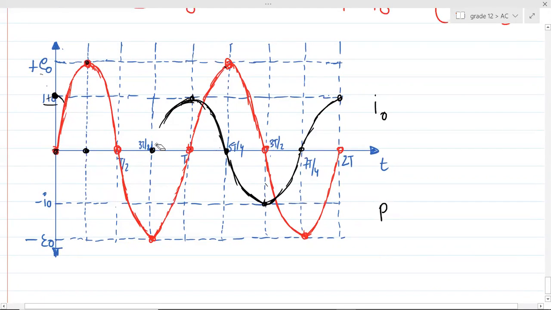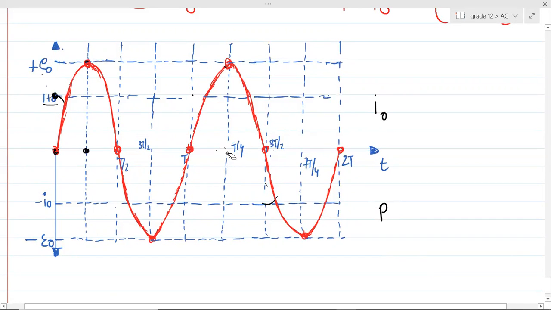So the only change is basically this. The EMF will remain as it is. Yes or no? The EMF will remain as it is, right?